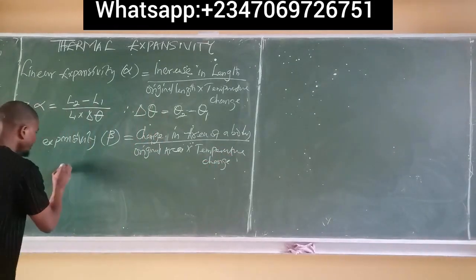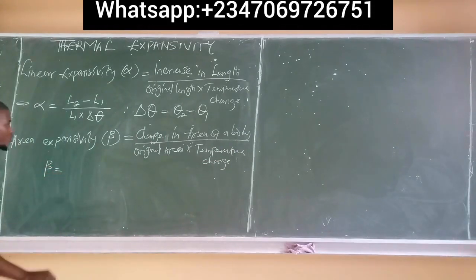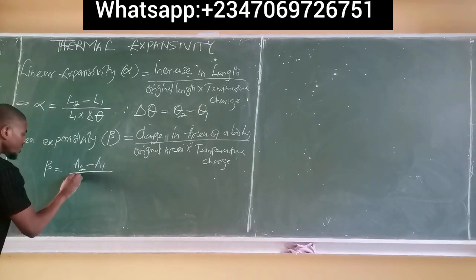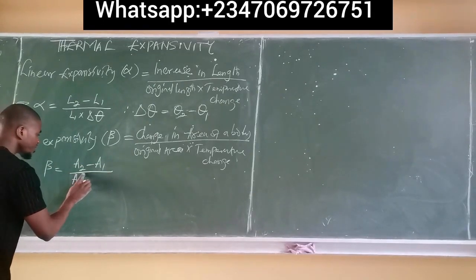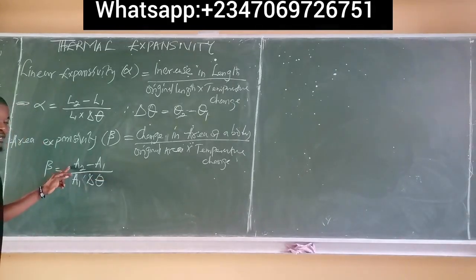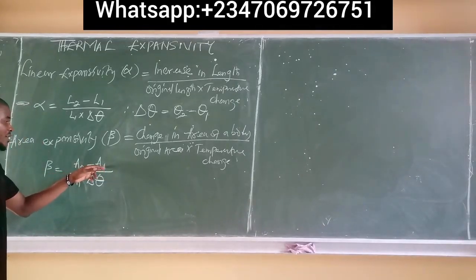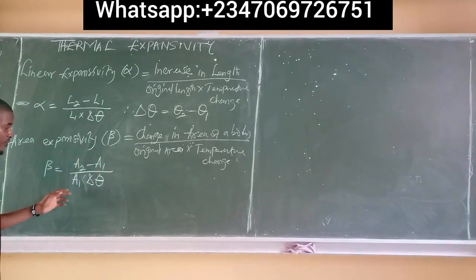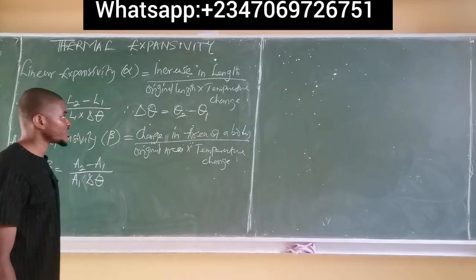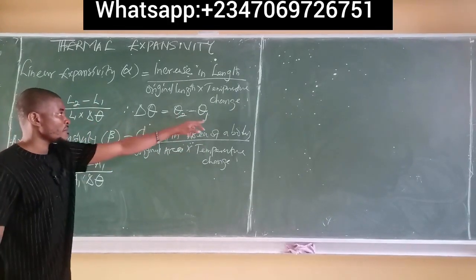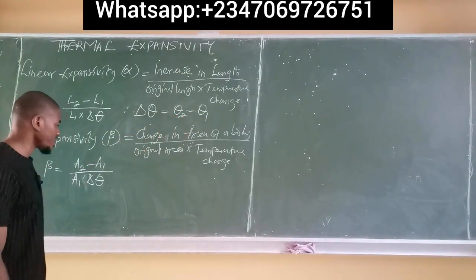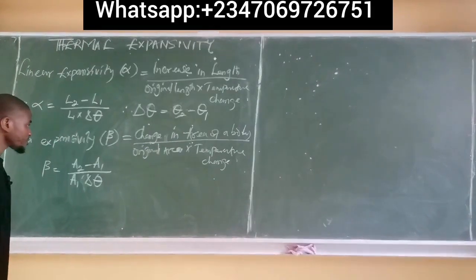So you can simply say beta is equal to A2 minus A1 all over A1 multiplied by change in theta, where A2 is the final area of the body, A1 is the initial area of the body, and of course, change in theta, as always, means change in temperature, simply given as theta 2 minus theta 1, where theta 2 remains the final temperature and theta 1 remains the initial temperature of the body.